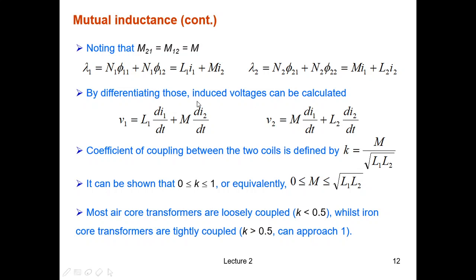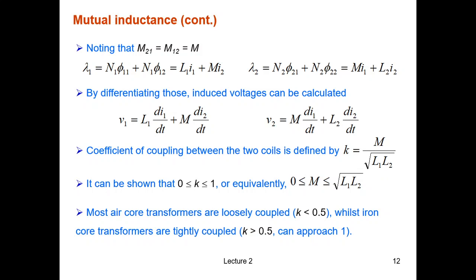Now if you calculate the time differentiation, d by dt of lambda 1 and lambda 2, you will have V1 and V2, and they will have two components: one related to the self-inductance and the other related to the mutual inductance. We define the coefficient of coupling K, which is equal to M divided by the square root of L1 times L2.